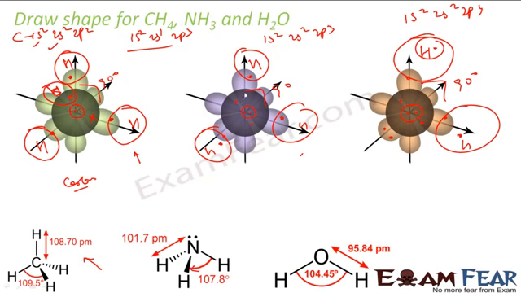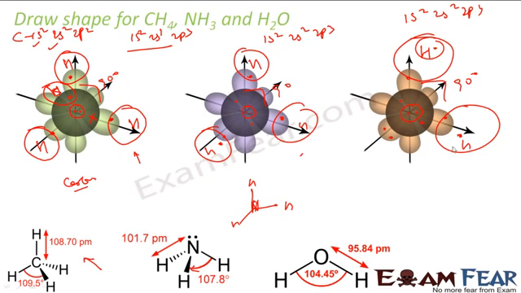In ammonia also, we have 3 unpaired orbitals, and we add 3 hydrogens to these. It should be something like this, all 90 degrees, right? Because all these p orbitals are 90 degrees with each other, but the experimental value is something else.